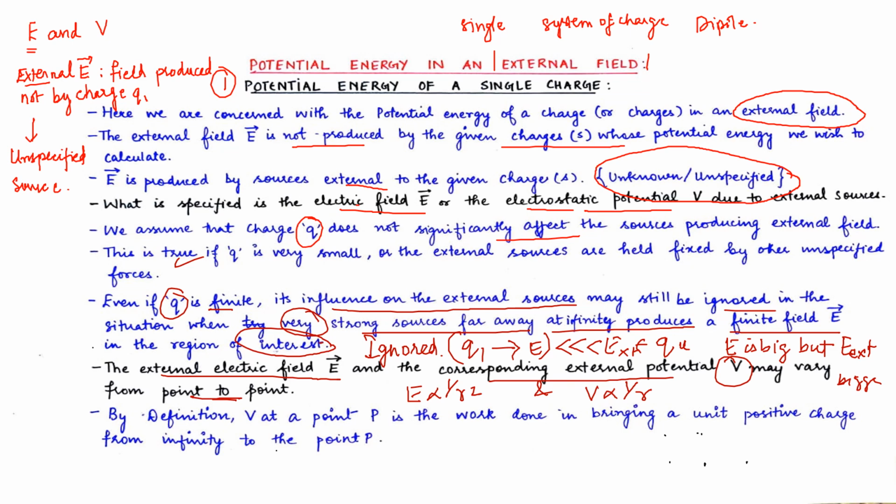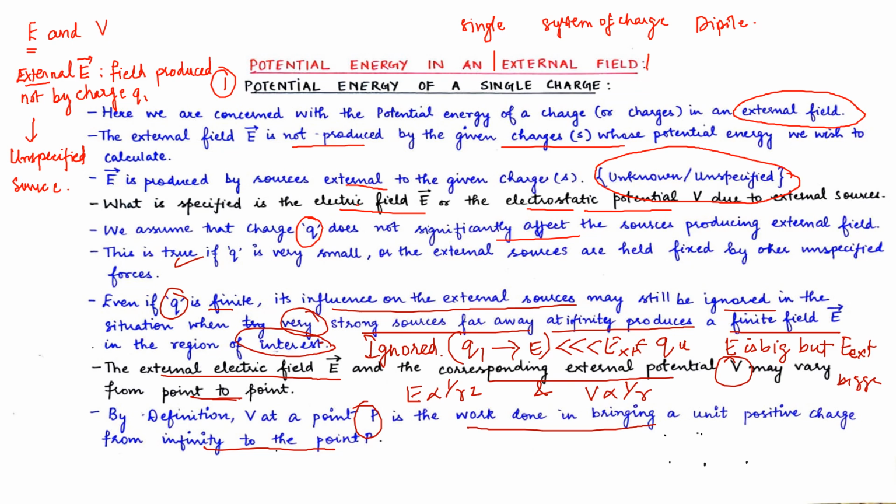Now, by definition of potential at a point P, we can say that the work done in bringing a unit positive charge from infinity to the point P gives the potential for it. How much work are we doing to bring any point positive charge from infinity to a given predefined point?